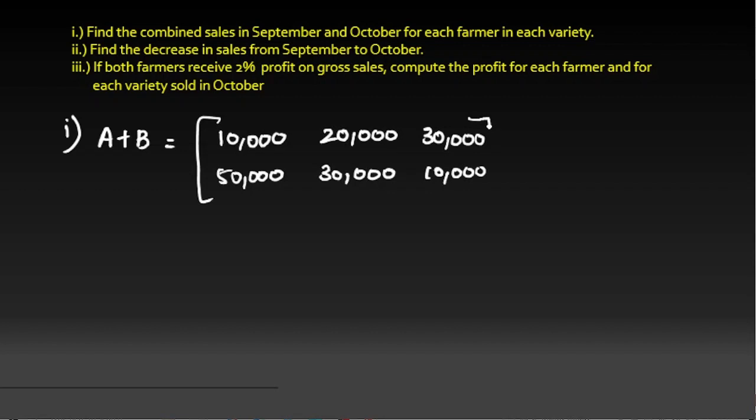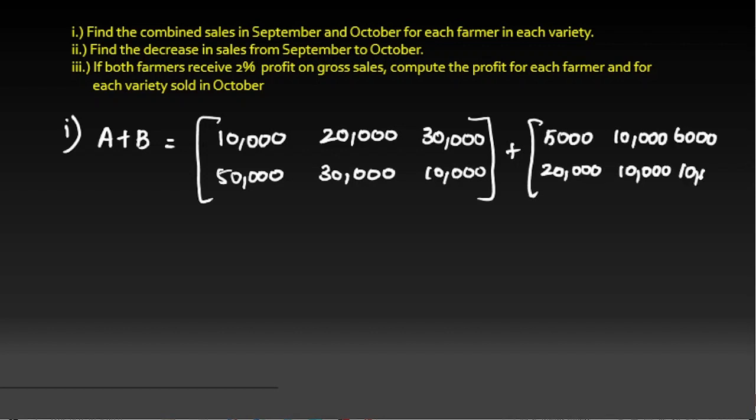Plus your B value is 5,000, 20,000, 10,000, 10,000, 6,000, 10,000. Okay, so this is what.